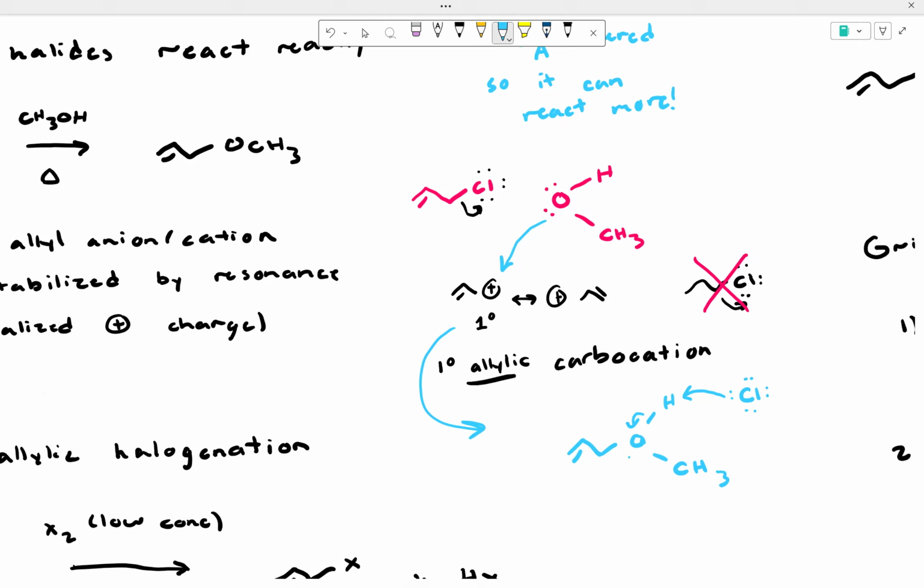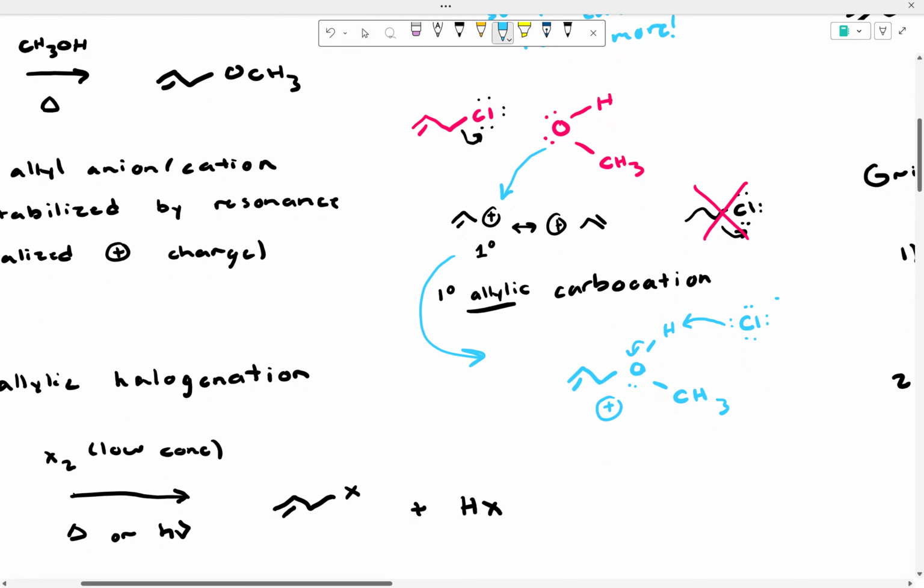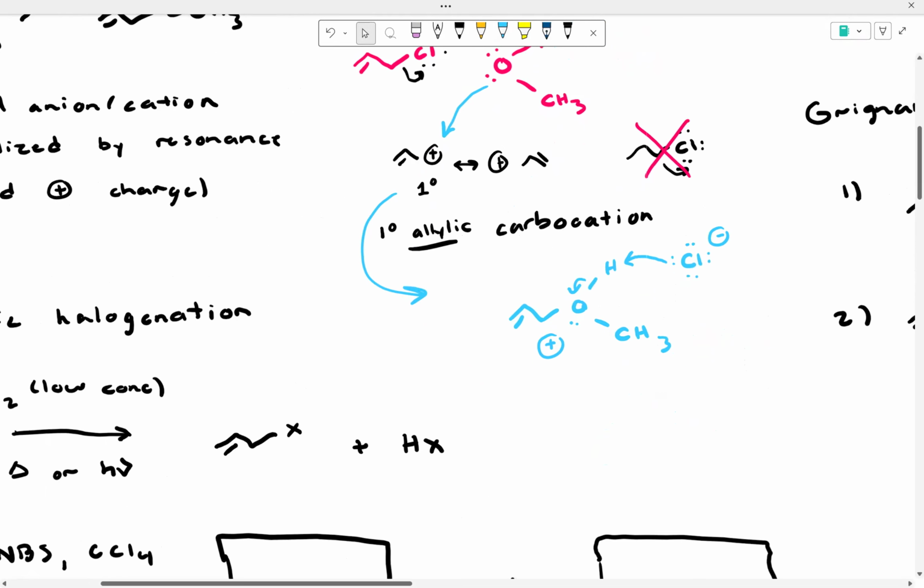And I forgot to mention, but 1, 2, 3, 4, 5. The reason this happens is because our oxygen is positively charged here, and molecules like to be neutral.